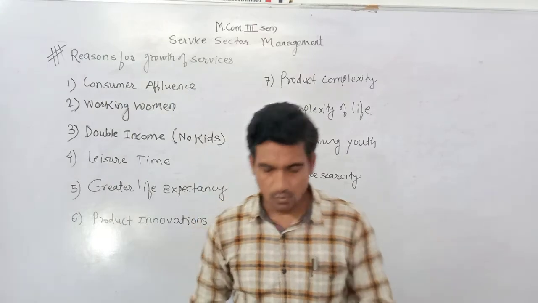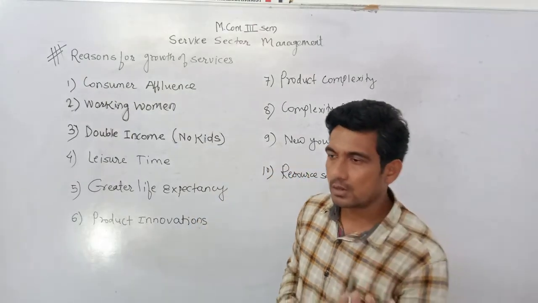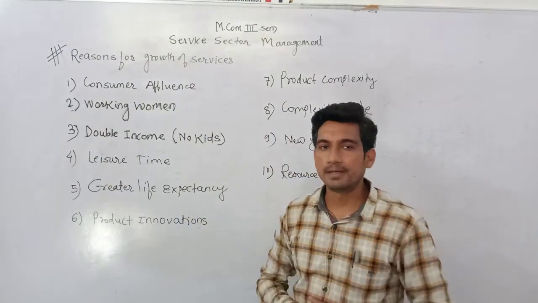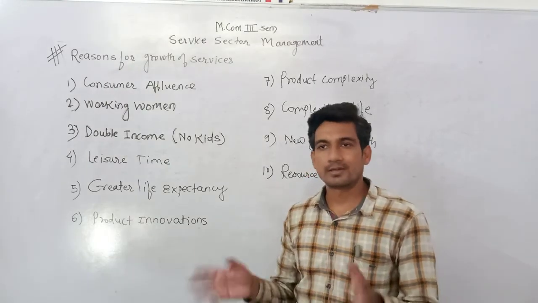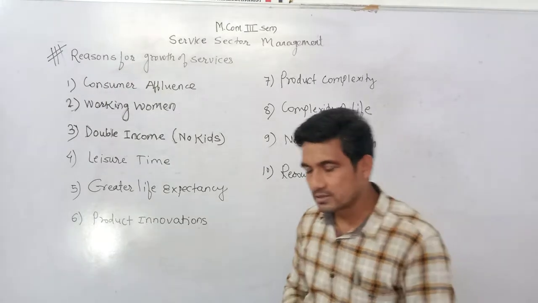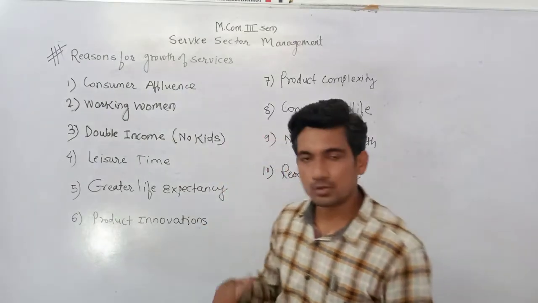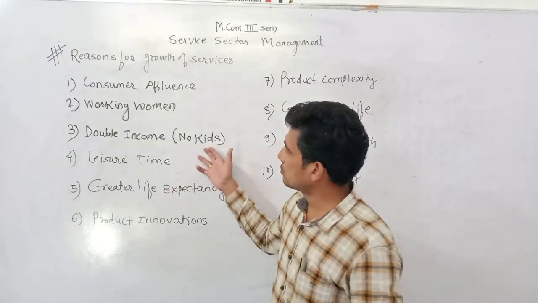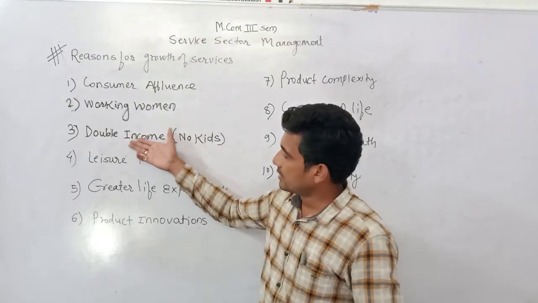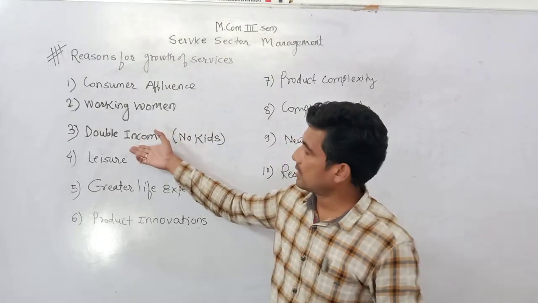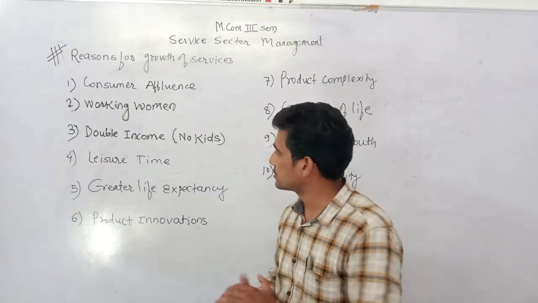It means they want to live life without any liabilities. Whatever they earn, they want to spend it. They don't want to be in the liability of kids. They have double income, and with the help of it, they want to live their life king size.